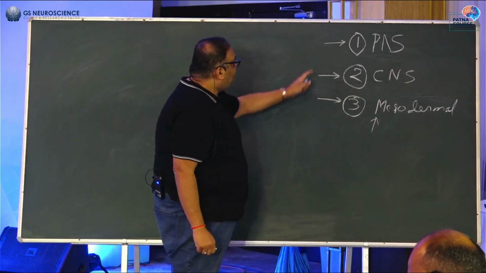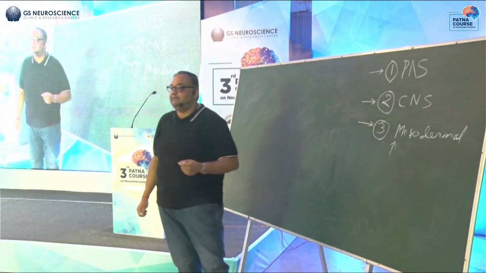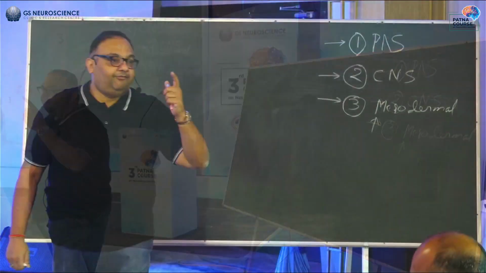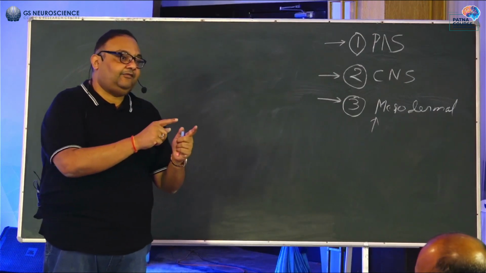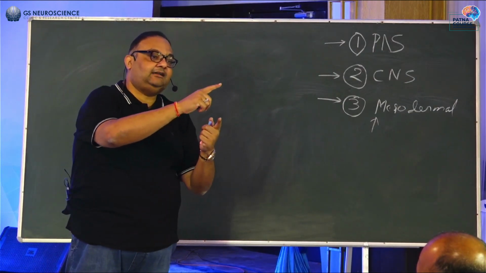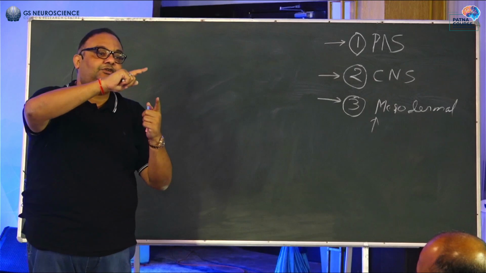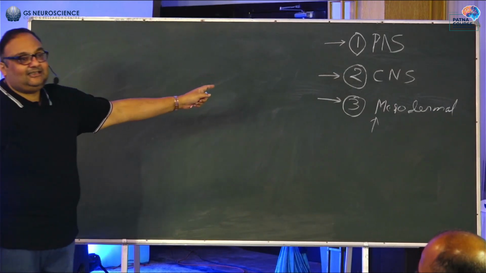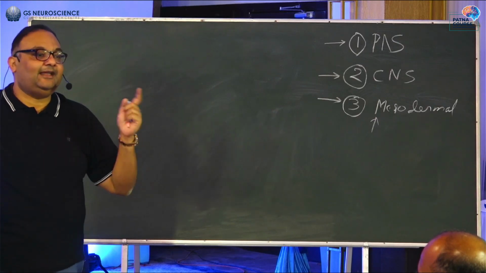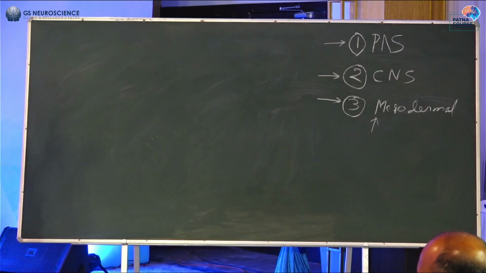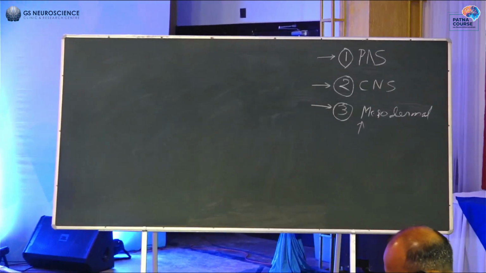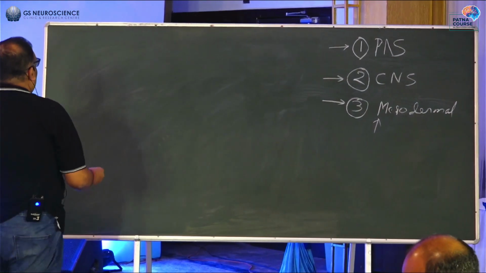And then you will have the peripheral nervous system, which again, like we discussed in the spinal cord, will carry the supply from the aorta or its equivalent via itself to the nerve in the orbit. So these three things are required to be explained whenever we start talking about the blood supply and the embryogenesis of the orbit.